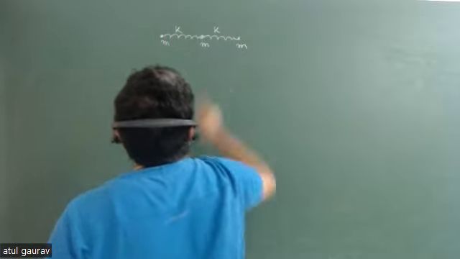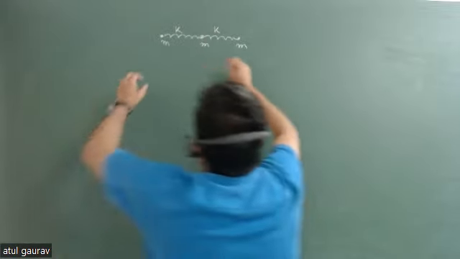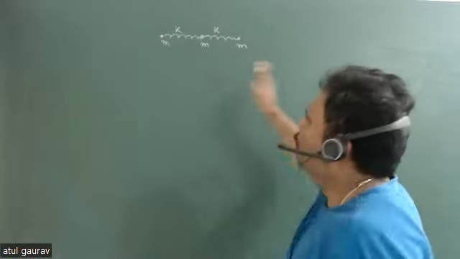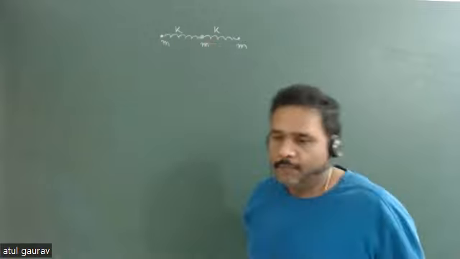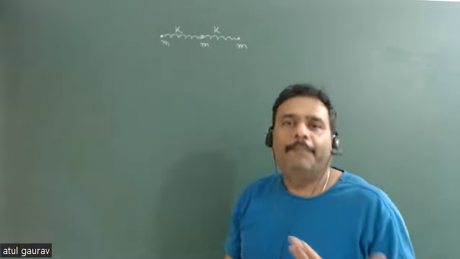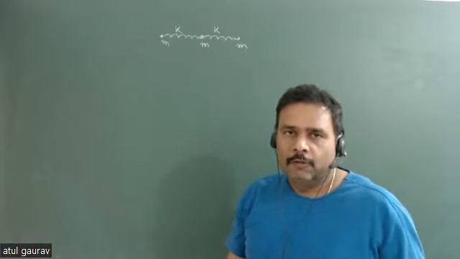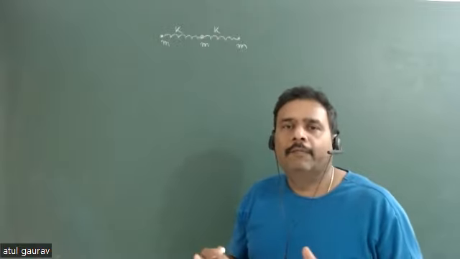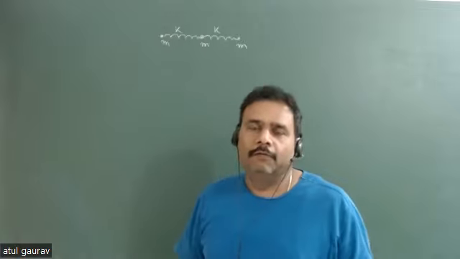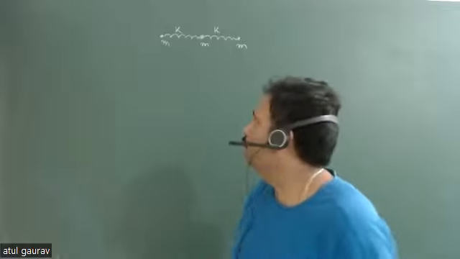You can elongate it, and it can vibrate like this. Many types of motion are possible, but we have to understand the three independent motions, which are very popularly known as normal modes. Once we know the three independent motions, we can make a linear combination of them and write the complete solution. So let's go for this.